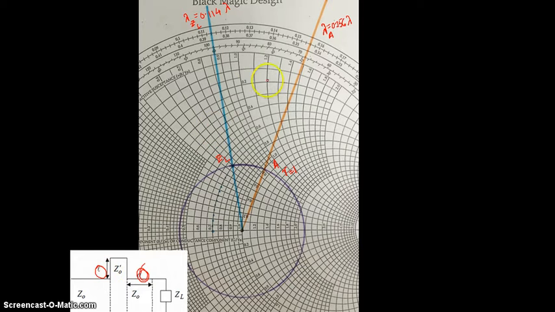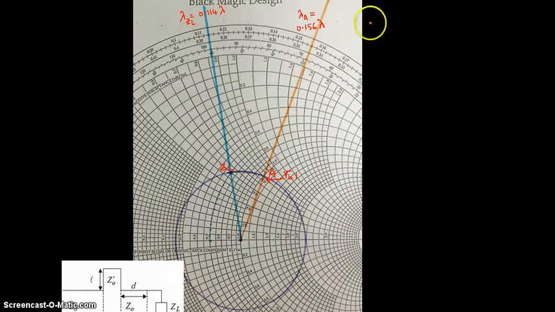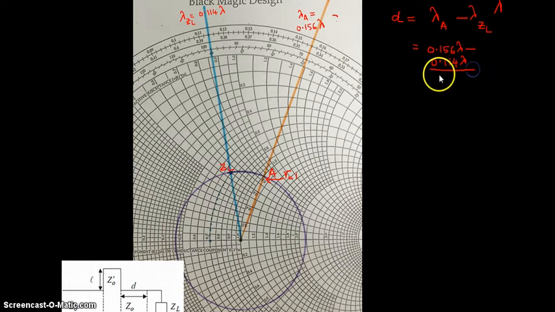The distance of the stub is calculated as D equal to the lambda of A minus the lambda of ZL, which is 0.156 lambda minus 0.114 lambda, which is equal to 0.042 lambda.